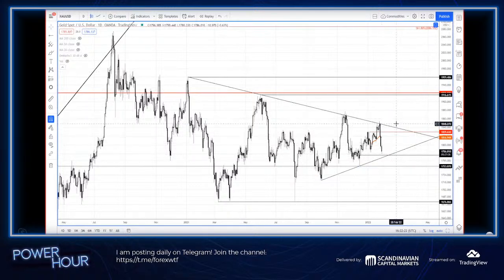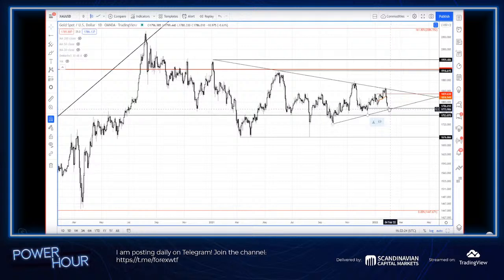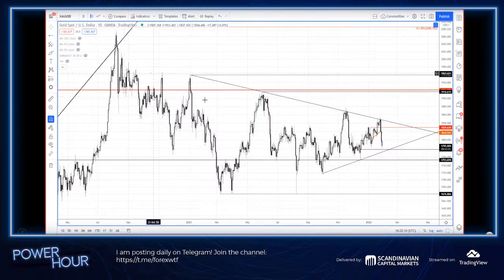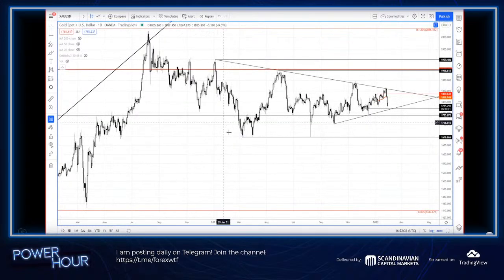But if that doesn't happen, you have to go with it. It doesn't matter what you think. The market's going to do what it's going to do, whether you agree with it or not. We are coiled up in the gold market, and if we break down below here, watch out to the downside, and gold might trade a lot lower than people think.